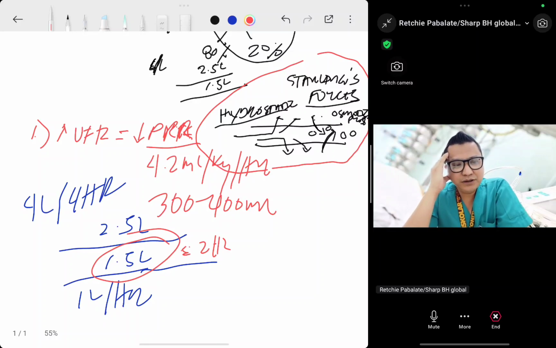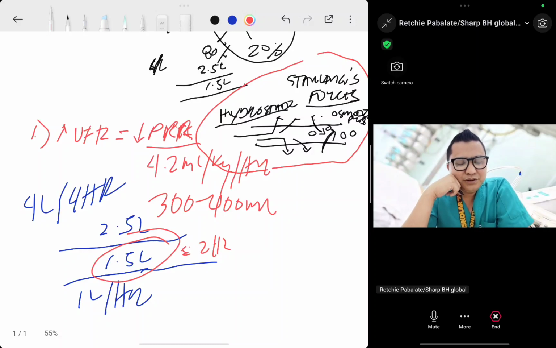So if the patient gains 4 liters, for example, our hourly rate will be around 1 liter per hour. And knowing that the majority of the fluid is in the interstitial space, 1.5 liters is located in the intravascular space, and 2.5 liters of the water gained by the patient is in the interstitial space.